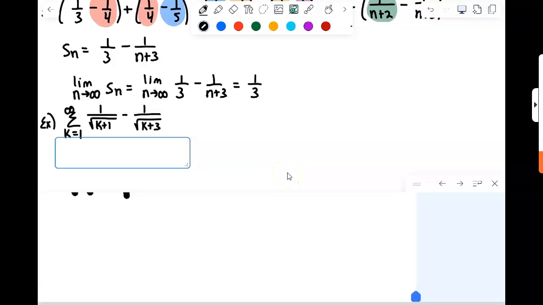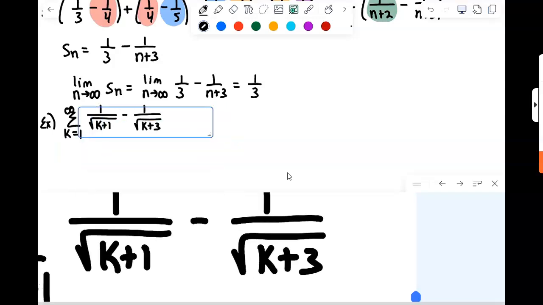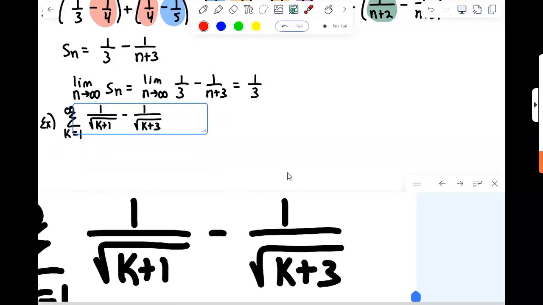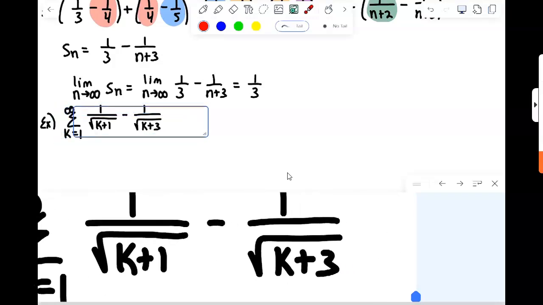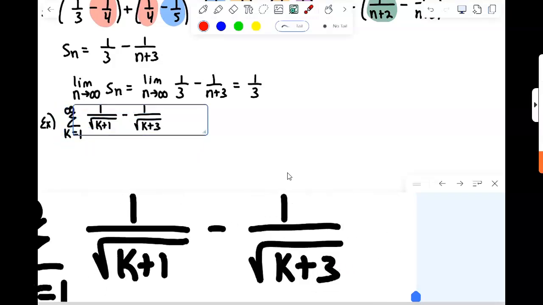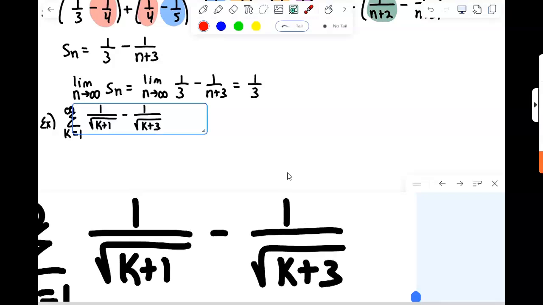Okay, so here's another example of a telescoping series. Telescoping series are characteristic of this, where you have expressions like k plus 1, k plus 2, k plus 3, that we're dealing with as k goes from 1 to infinity. That's the characteristic you're looking for with a telescoping series.